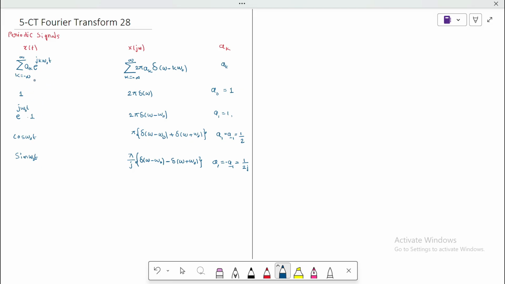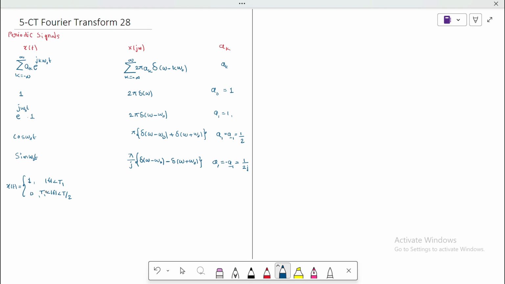These are the periodic signals and their Fourier transforms in the second column. The last two: one is the periodic rectangular pulse, x of t, which is 1 for mod t less than t1, and from t1 up to T by 2 it is 0.